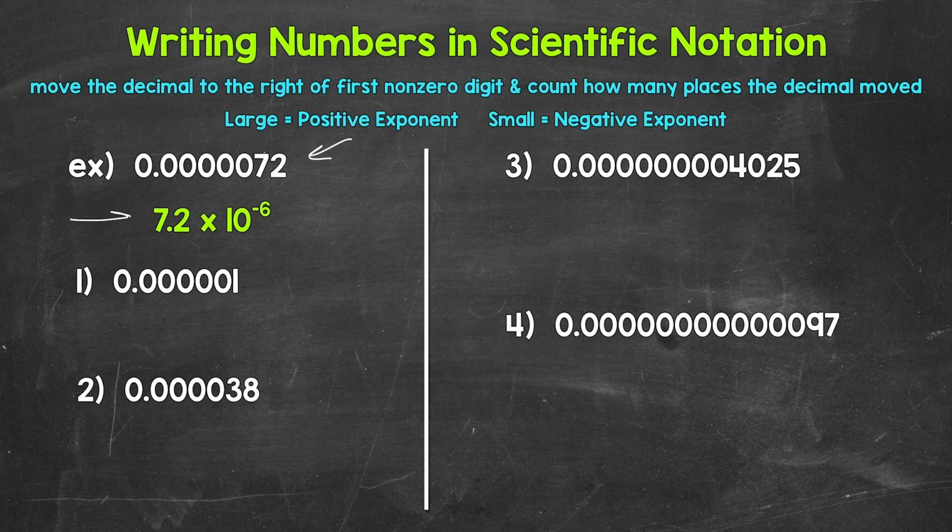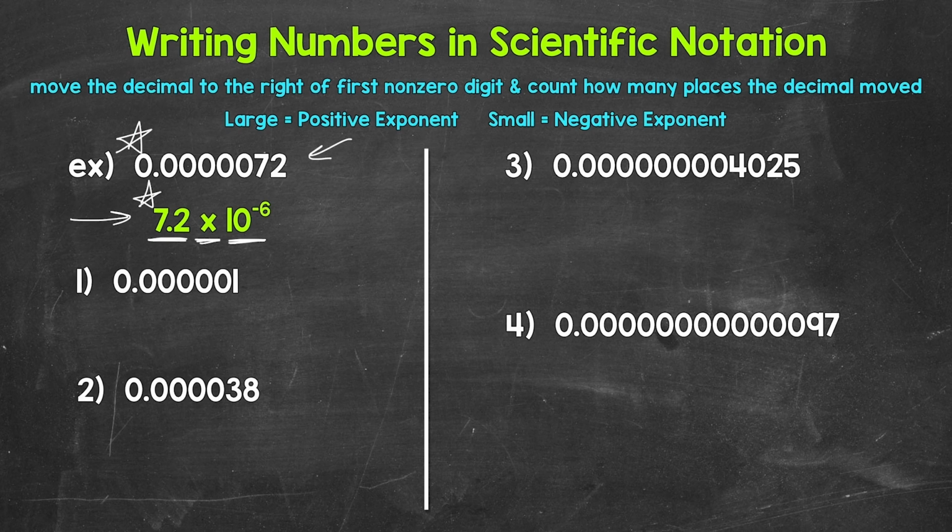So here is that number written in scientific notation. We have a number to start with right here, 7.2, that is greater than or equal to 1, but less than 10, times a power of 10. And this is equal to the number above.